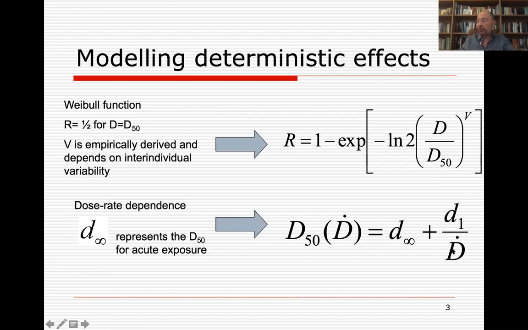So if D dot goes to infinity, very high dose rate, D50 is simply D infinite. Otherwise, you will have to apply a correction factor. But you see that you need two parameters here. D50 is only one parameter, but now you need two parameters, D infinite and D1, that give you the dose rate dependence of D50.